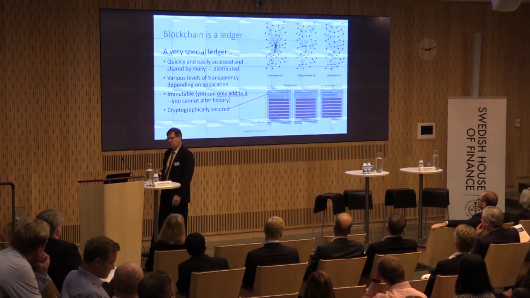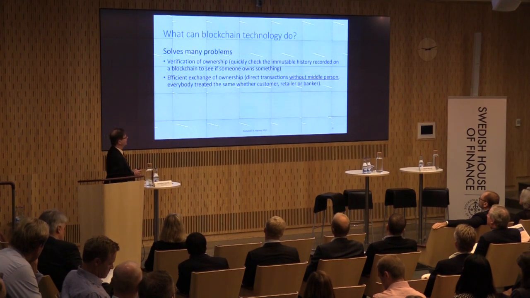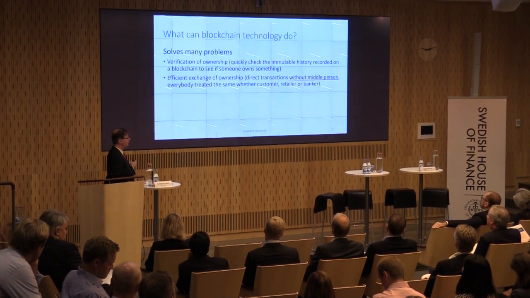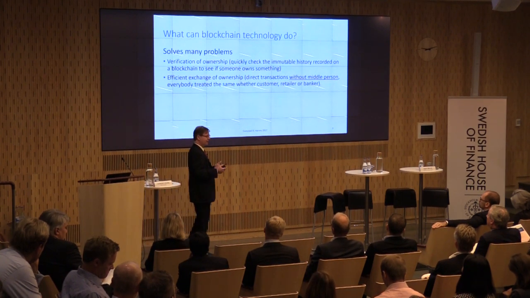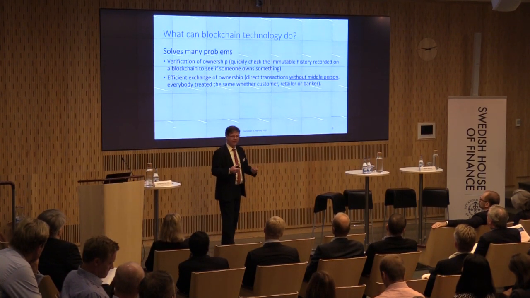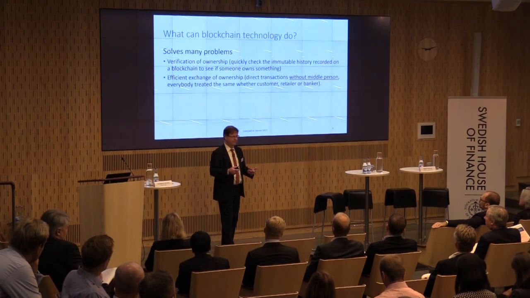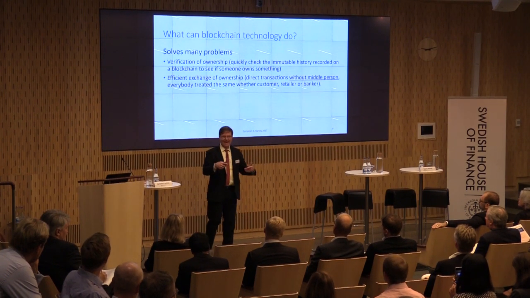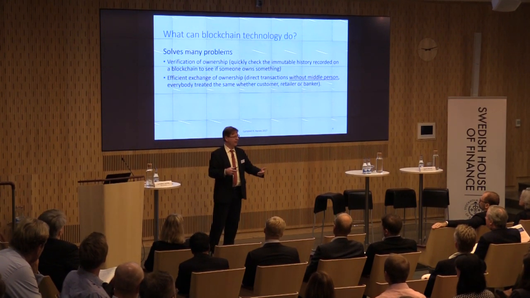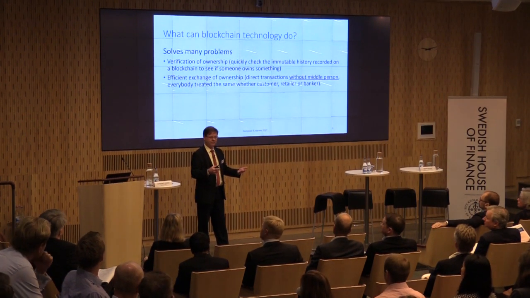Okay, so what about the problems that it solves? There are two basic ideas here. One is it allows us to verify ownership in a very simple way. You go and check this ledger that we know we can't edit, and it verifies the ownership of an asset or a service.